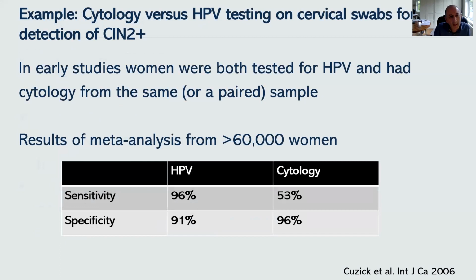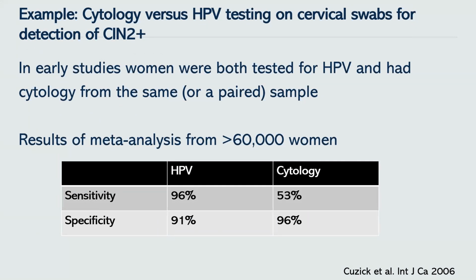And an example of this is from HPV testing and comparing it to cervical cytology for the detection of high-grade CIN. And this is indeed what virtually all the early studies of HPV testing did. They did both HPV testing and cytology, mostly on the same sample or on two samples taken at the same time from women. And a number of studies we put together, including over 60,000 women.